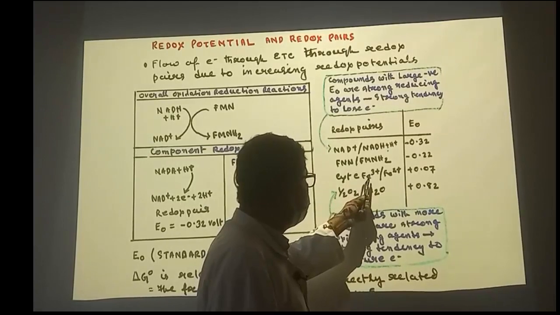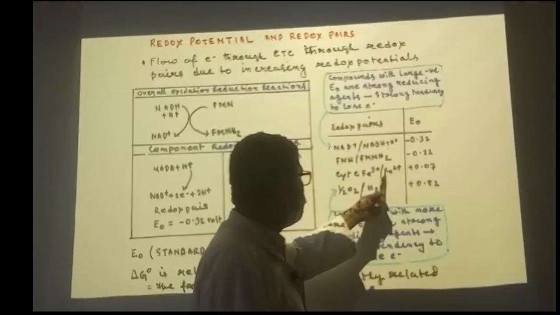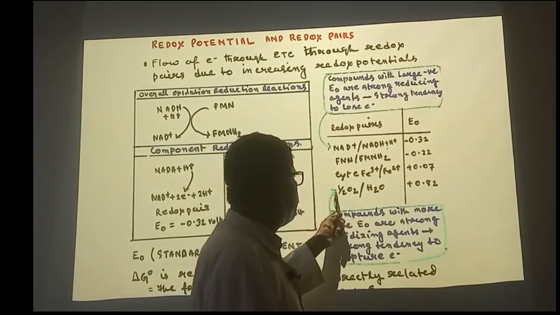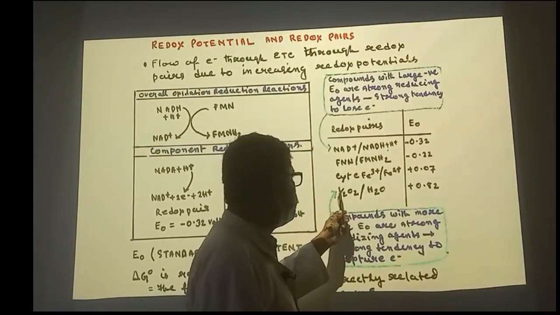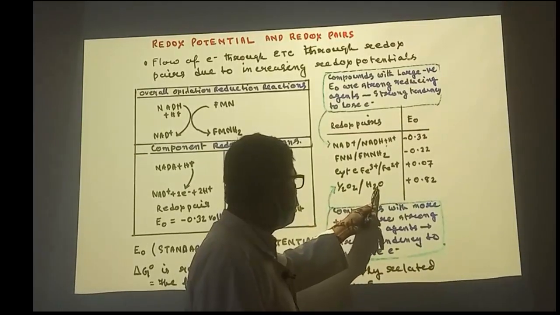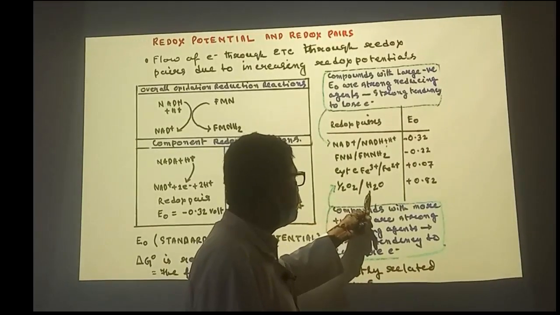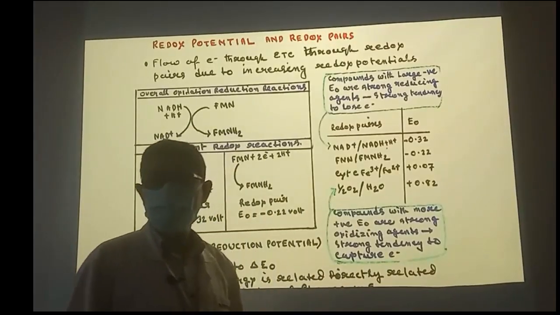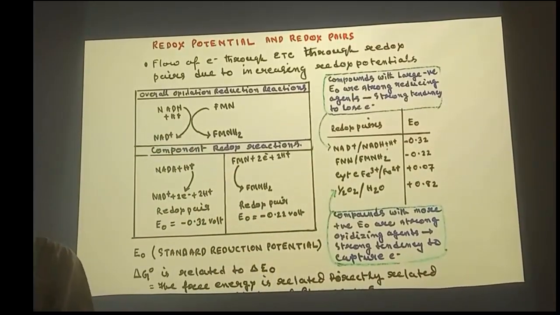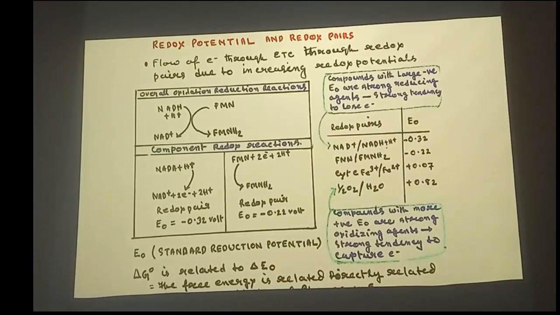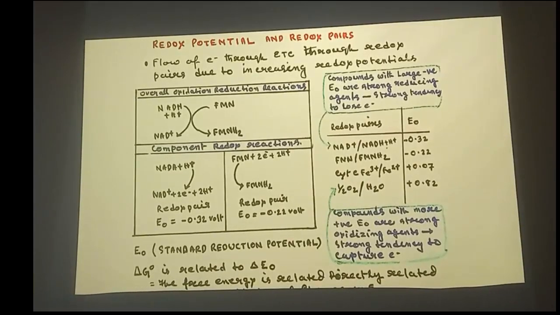Cytochrome c, Fe3 plus and Fe2 plus, 0.07, and half O2 converted to H2O is 0.82. So now it is clear that because of the increasing redox potential, ultimately oxygen accepts the electron from the NADH.